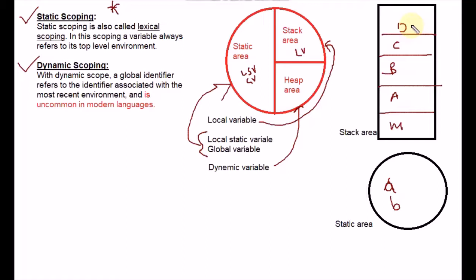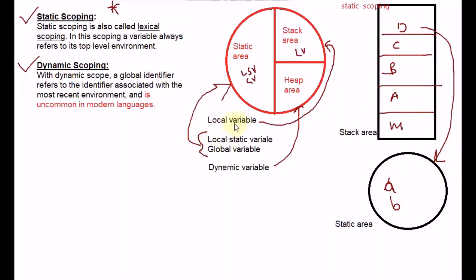If any variable is not found, what will happen? If the variable is not found in the local stack area, in the local function, it will go and search in the static area. I am talking about static scoping. In static scoping, whenever a variable is not found inside the local function, it will go and search inside the static area, that is, in the global variables or local static variables.